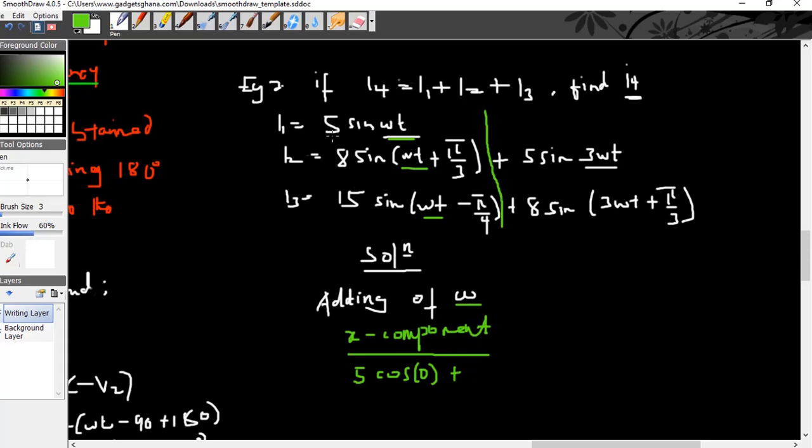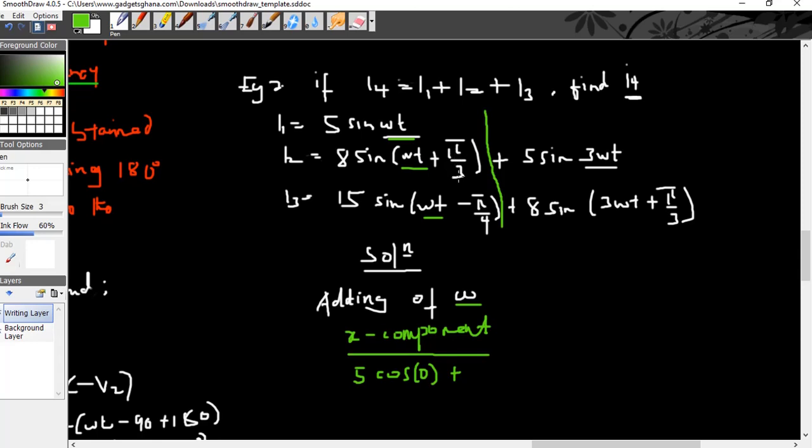For the x component we have 5 cos 0, because there's no angle over here, but these ones have angles attached to them. For x components we use cos. So let's proceed. We have 5 cos 0, and then we have 8 cos pi on 3.